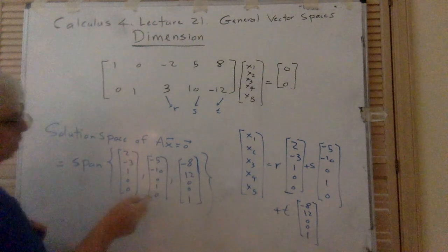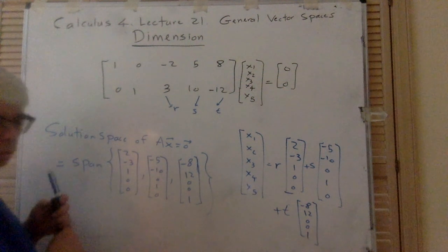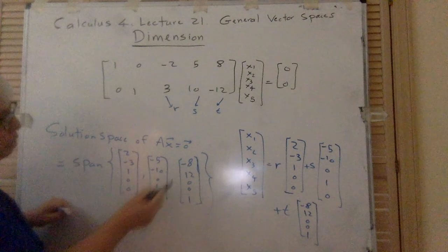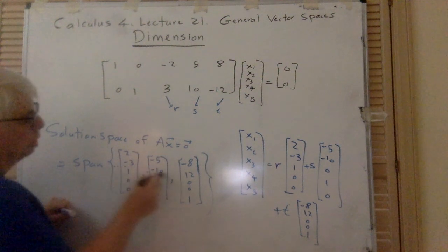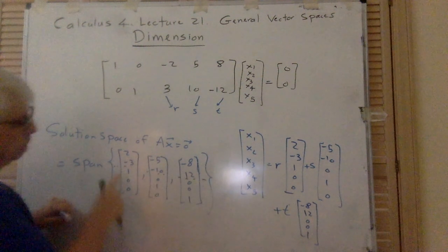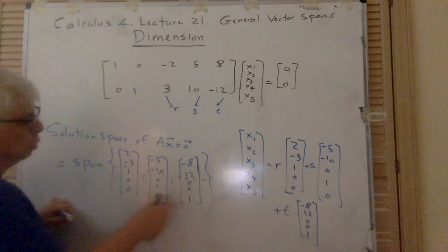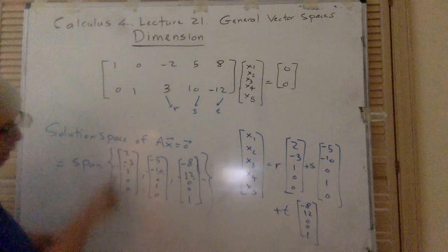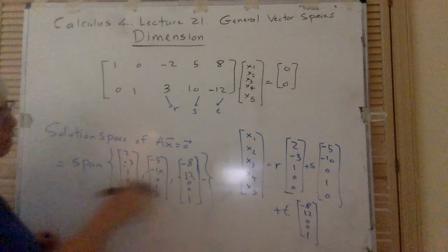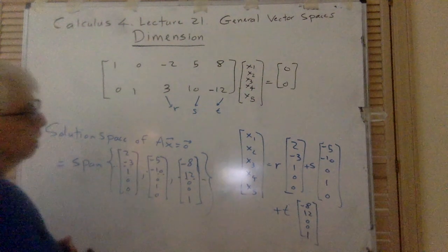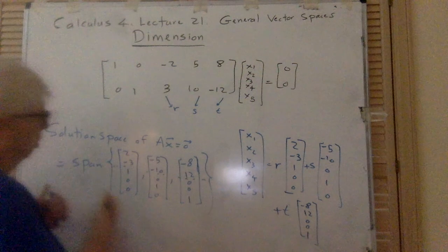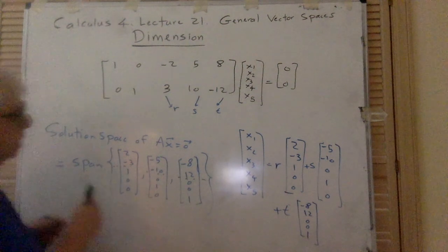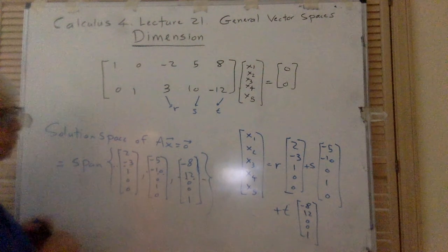Remember, I showed that vectors like this, which are, say, 1, 0, 0, 0, 1, 0, and so on, after a certain point, like this. You see this? 1, 0, 0, 0, 1, 0, 0, 0, 1. These are linearly independent. And I showed for one of them, you can just write down any number of them and show that in general, any set of vectors like that is linearly independent. And they span; I have written the solution space as the span of certain vectors.